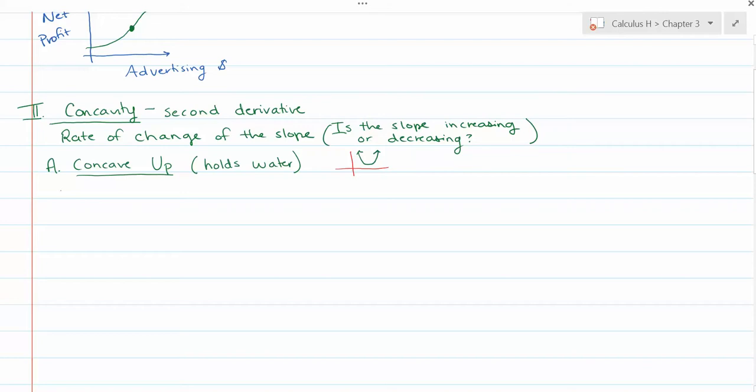The way that we can tell it's concave up analytically or algebraically is if our second derivative, f double prime of x, is greater than 0 on some interval (a, b), then f of x, our original function, is concave up.